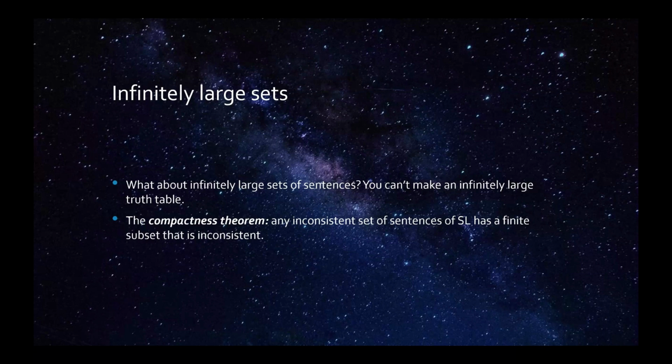So if an infinitely large set is inconsistent, there is at least a finite subset that could be tested in a truth table where you could verify that that finite subset was inconsistent. You don't, however, have an algorithm for finding this inconsistent subset, right? Picking that inconsistent subset out of this infinitely large set.